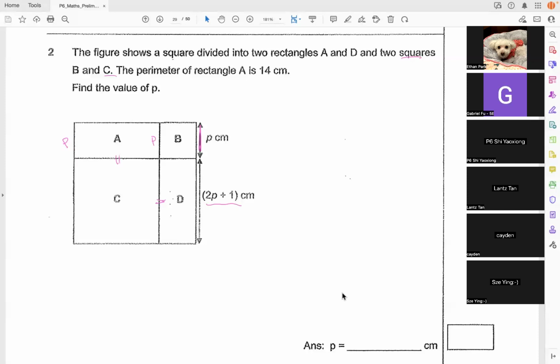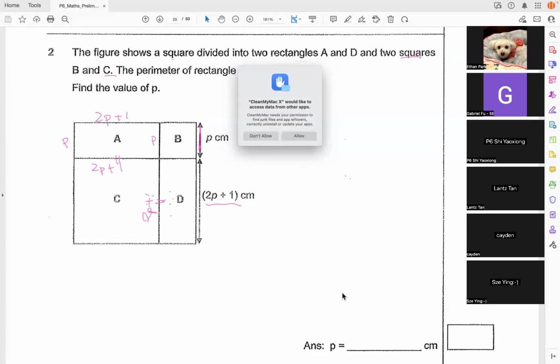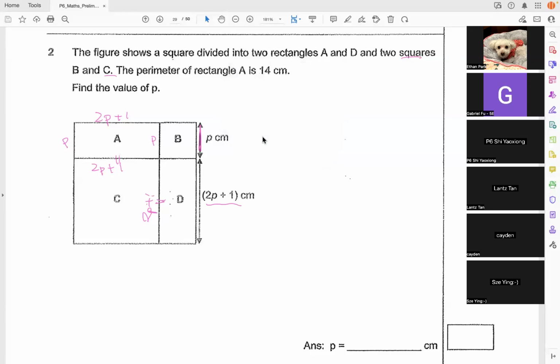Since this is 2P plus 1, this side will also be 2P plus 1. Because it's a square, this will also be 2P plus 1. Therefore, this side is also 2P plus 1.